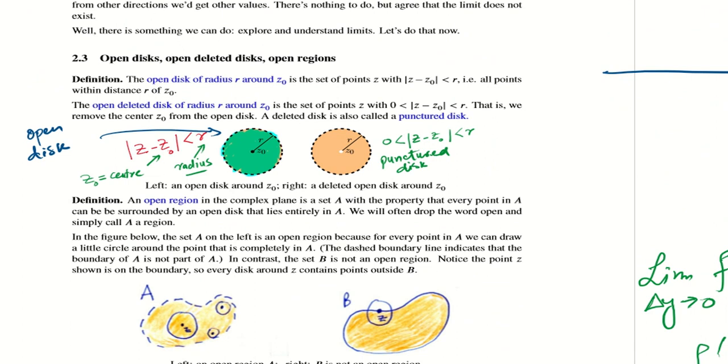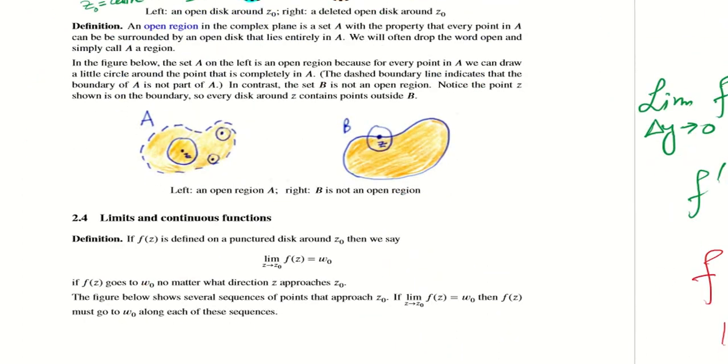So pay more attention, be relaxed and pay more attention. An open region, there is a definition written here, if you can see. It may seem like a complex definition, but it is very easy. It defines such an area that each point in that area can be surrounded by an open disk.